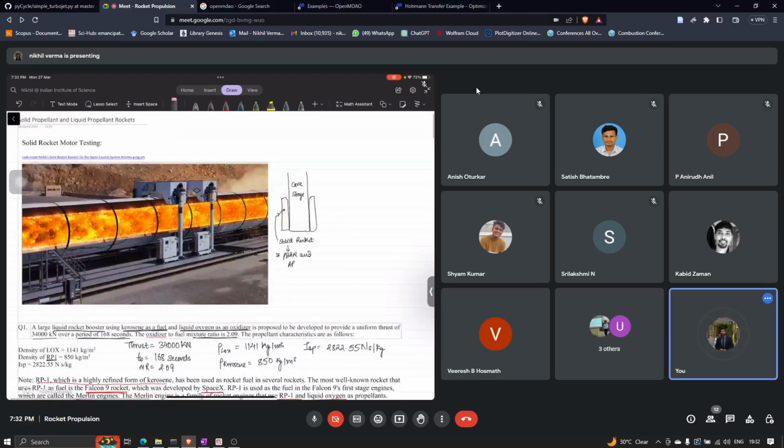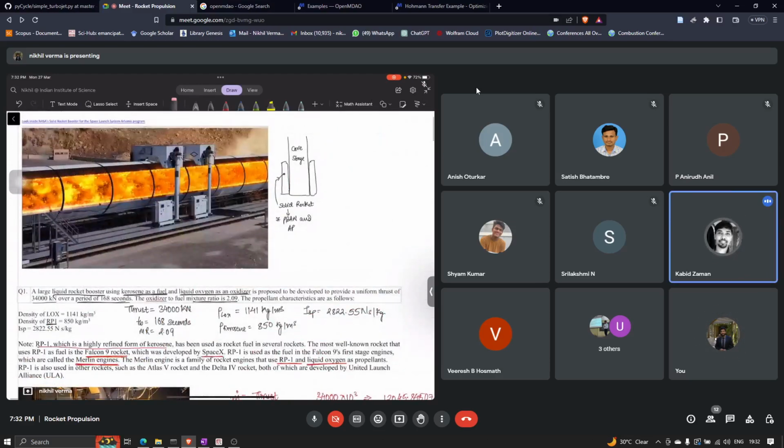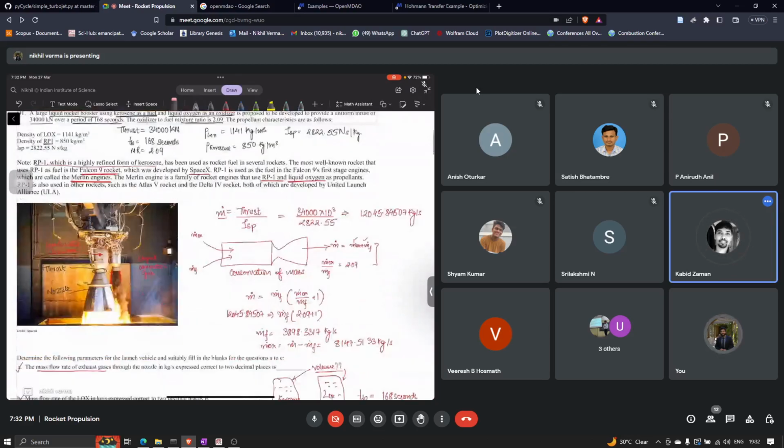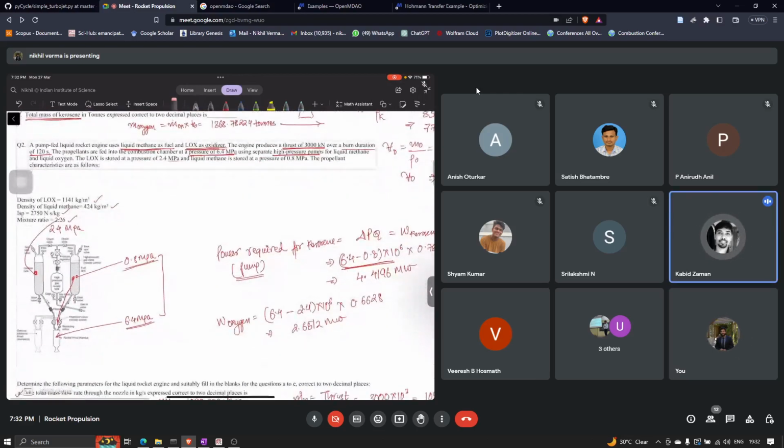Can you discuss a little bit about the so-called phenocell and conocell geometries? They are a little complex compared to star geometry.